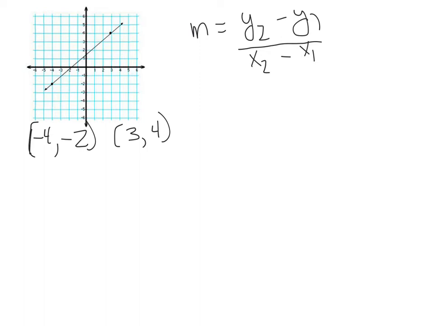So let's label our points. We'll make that x sub 1, that y sub 1, this x sub 2, y sub 2. It really doesn't matter as long as you keep your 1's and your 2's together. Putting them into our formula now. 4 minus negative 2.